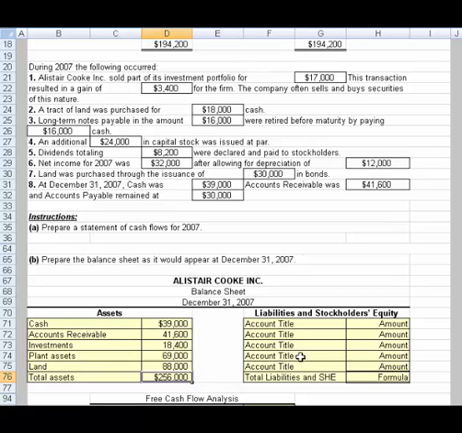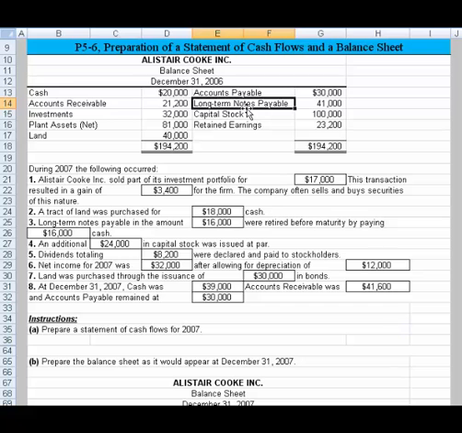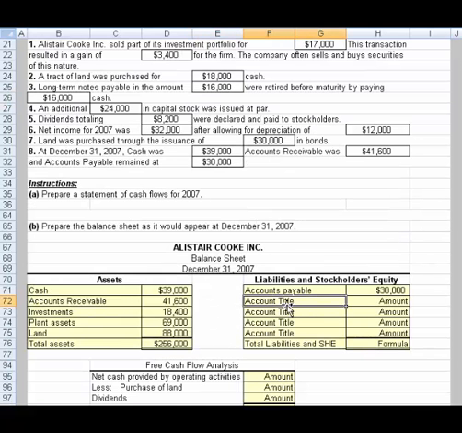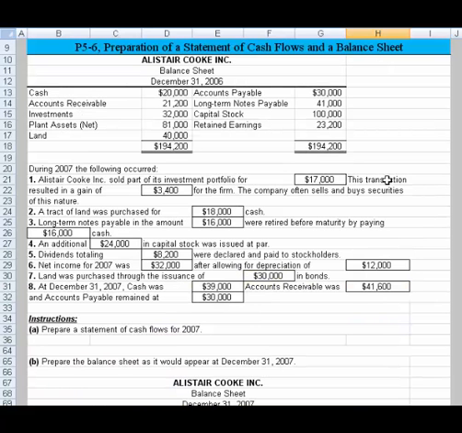Okay, now let's take a look at the liabilities. Accounts payable was the first one, and it remained at 30,000. So we'll drop in the 30,000. Long-term notes payable is next. I'm just going to copy that and drop it in there. And long-term notes payable was 41,000, but we had a change. 16,000 was retired, so we better subtract out that.